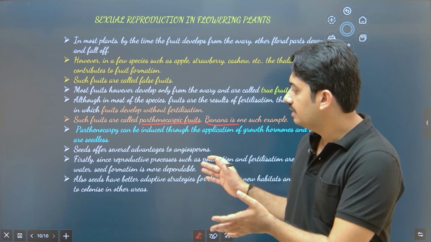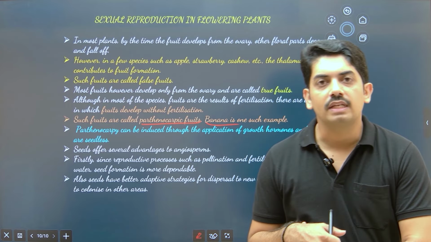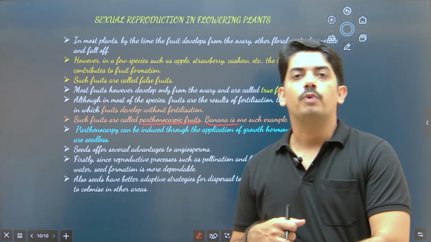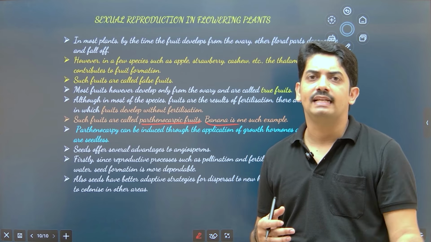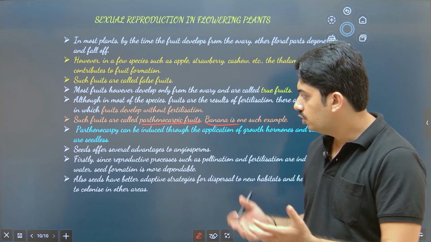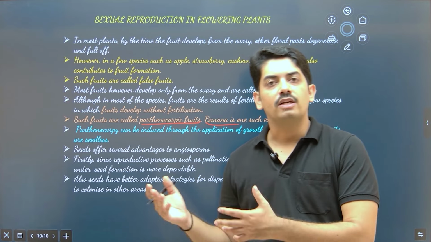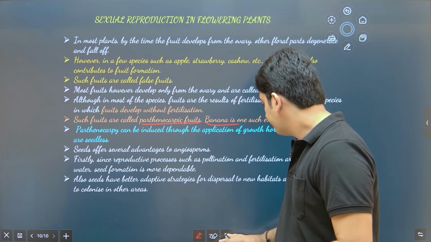There are practical applications where they use plant growth regulators like auxin to produce parthenocarpic fruits. In the market you will get seedless grapes, seedless oranges. All these actually use plant growth regulators like auxin to produce seedless parthenocarpic fruits.